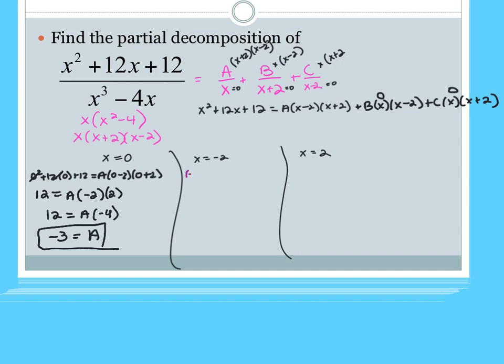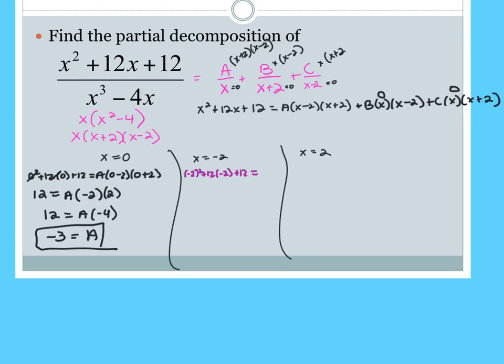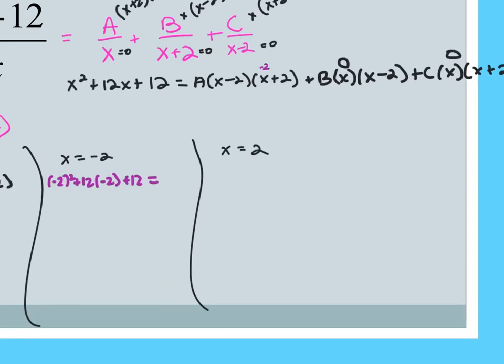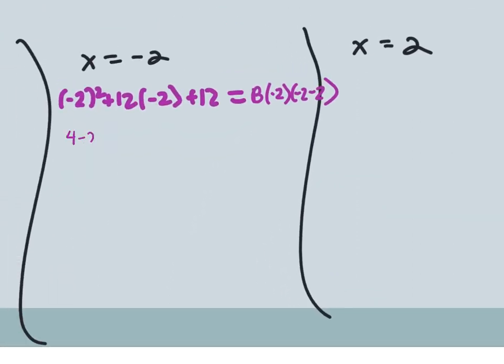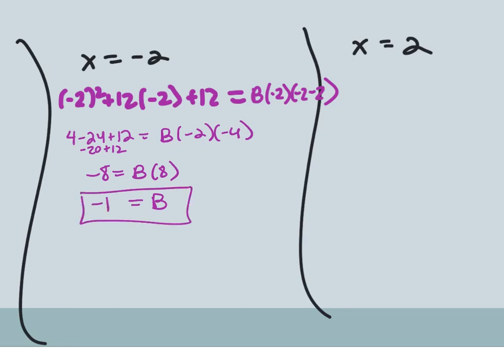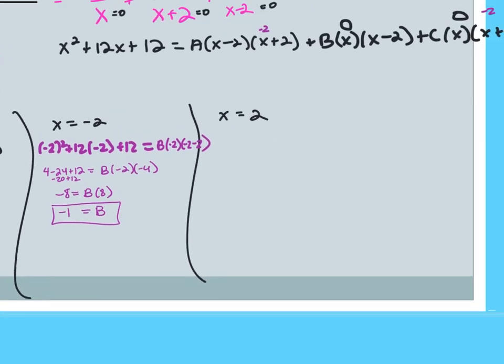Then I plug in negative 2. The negative 2 is going to cancel out the A and cancel out the C, which means all that's left is B. And then 2.